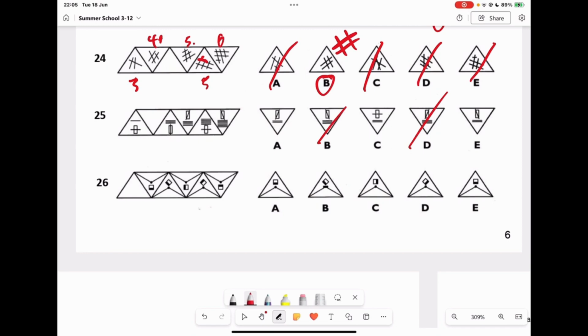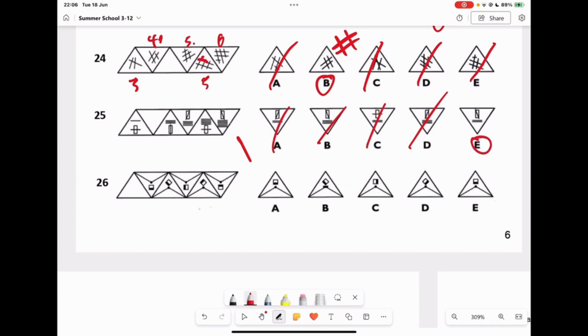The line is rotating by 45 degrees clockwise each time. So, knowing that, we know that the line will be facing this way. And because of that, we can now rule out A and C and say our answer is E.